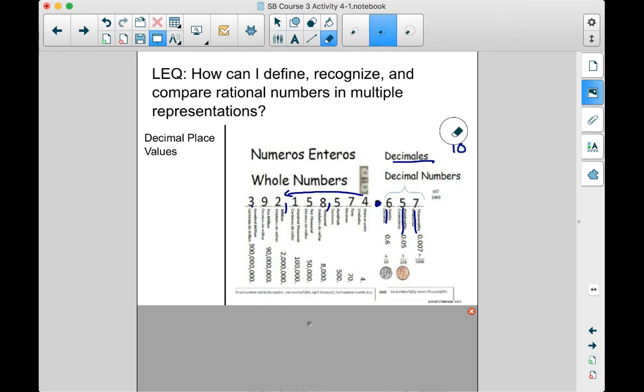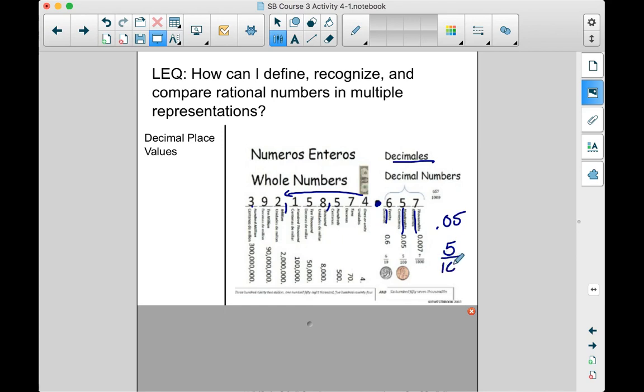Same thing, the reason that the 5 is called the hundredths place is if I only had that 5, just like they're showing you right here, I would make that 5 hundredths or 5 over 100.